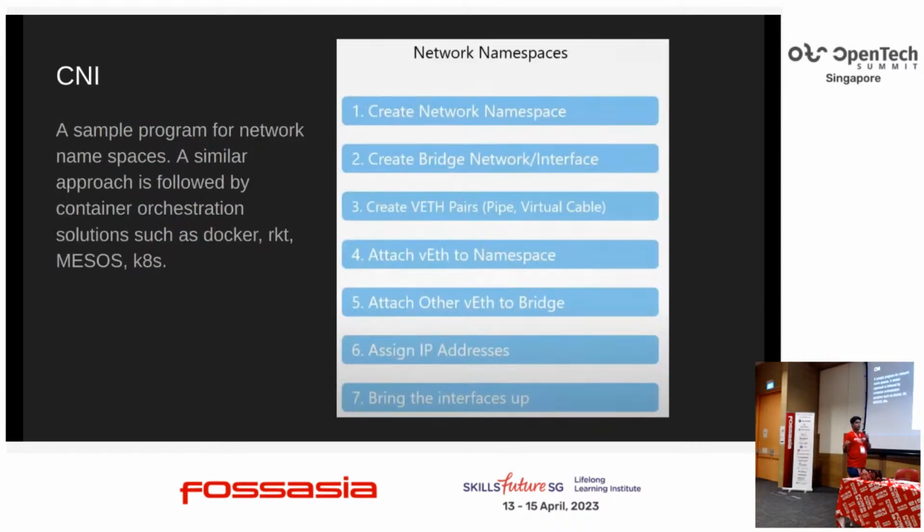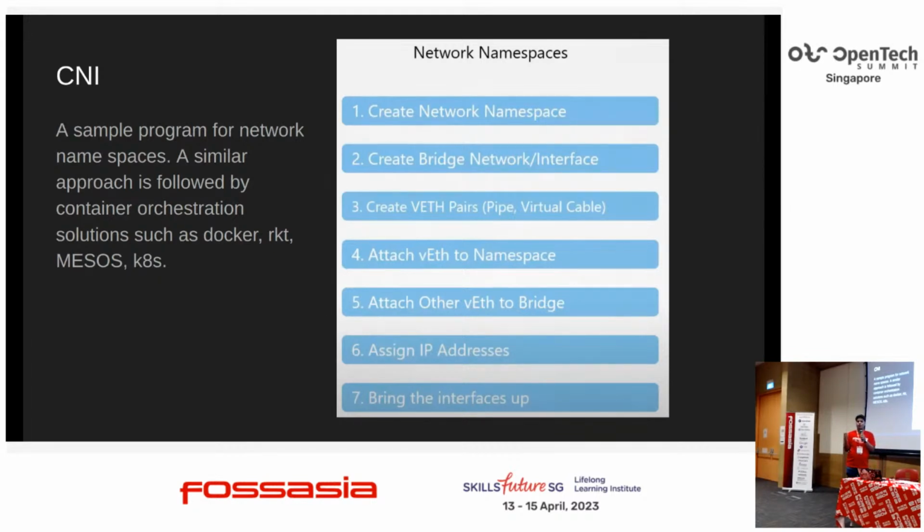Before we take a look at plugins, let us try to understand a bit more about what exactly CNI does and how it does it. For example, if I need to establish a network within a container, I need to have its own network namespace, so I create a network namespace. Once I have that, I need to create a bridge between the host network namespace and the container network namespace. Once I have the bridge, I create a couple of virtual Ethernet pairs.